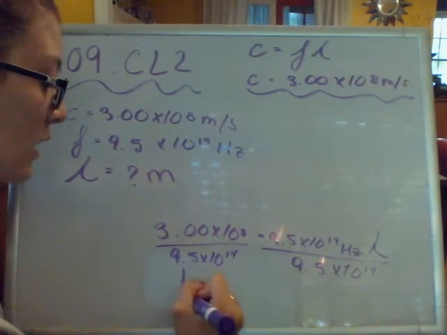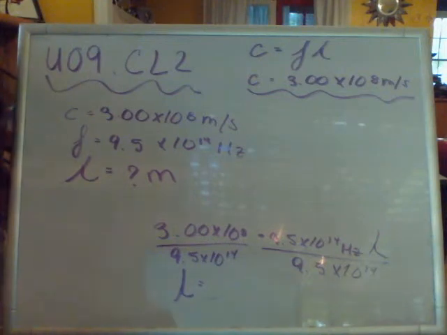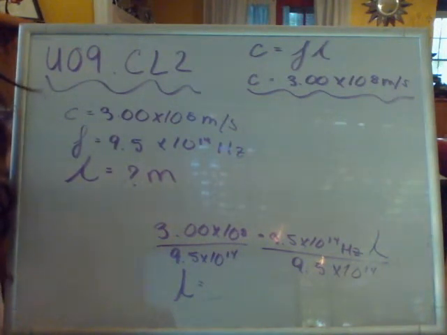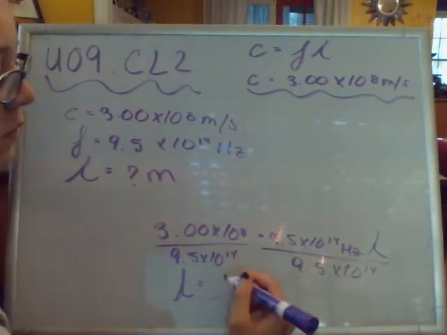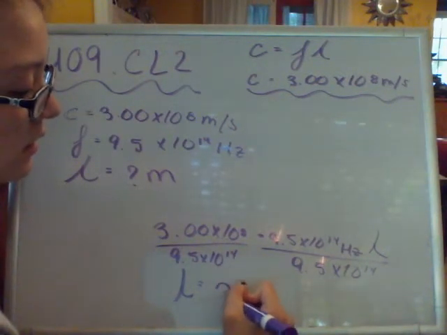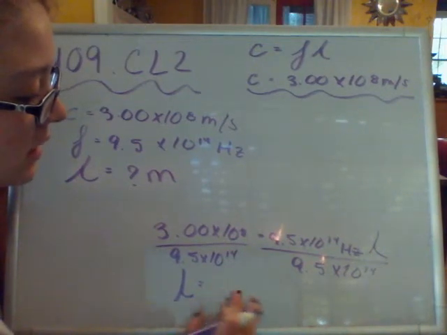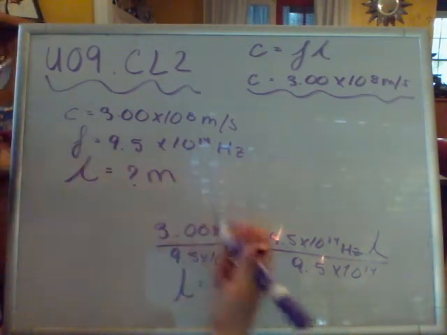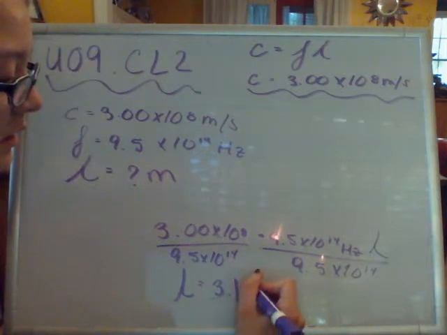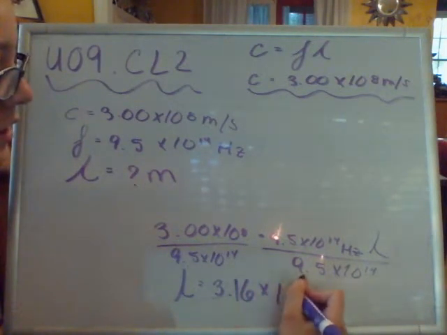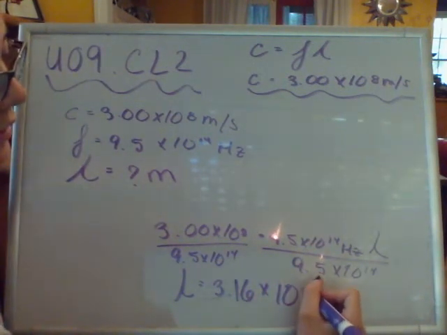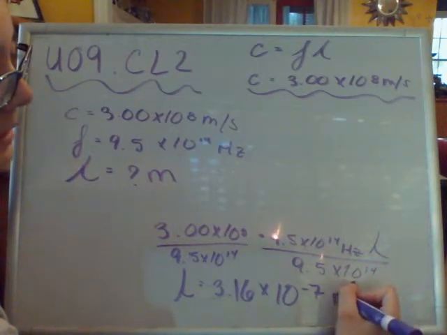And that's going to give us a wavelength of 3.16. We're going to call it 3.16 because it goes up too far. So it's going to be 3.16 times 10 to the negative 7 meters.